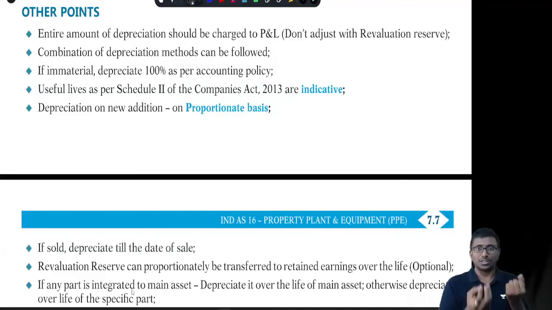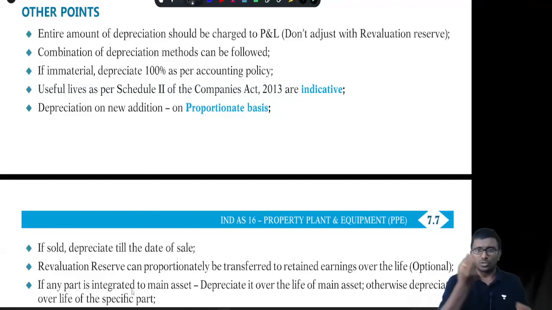Under that circumstance, even though its individual life is 12 years, you have to depreciate it over 10 years only, because after 10 years this cannot work with any other machine. That's the reason it also has to be depreciated in 10 years.